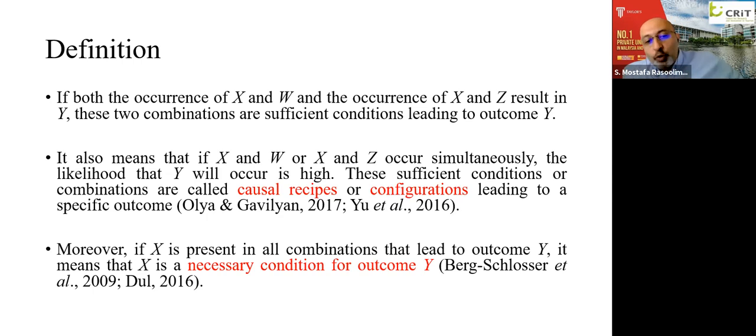Sometimes this can lead us to identify some necessary conditions. For example, if you have 10 cases and among the 10 cases we can see X has been repeated in all cases, we can understand that variable X, predictor X, is a necessary condition for all the combinations of predictors to reach a high level of outcome, right?